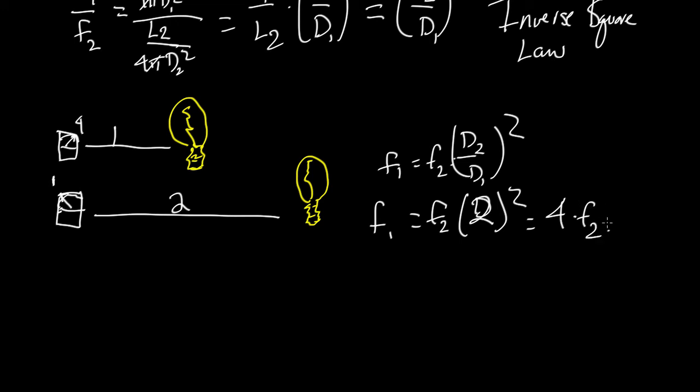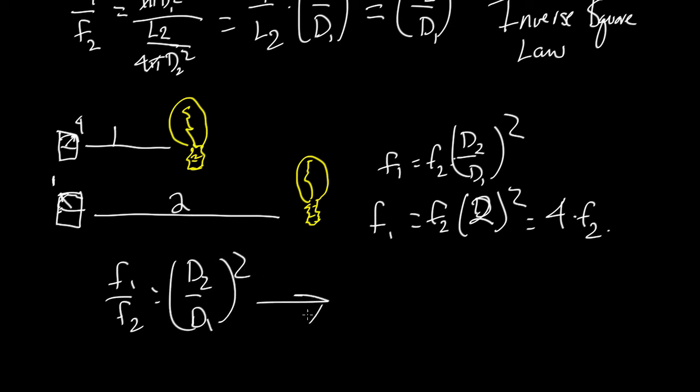Now, when we're measuring objects in space, what we want to do is to rearrange this equation and figure out what the ratio of the distances is. So rearranging, F1 over F2 is equal to D2 over D1 squared. In terms of the ratio of the distances, I find that D2 over D1 is equal to the square root of the fluxes, inverted.